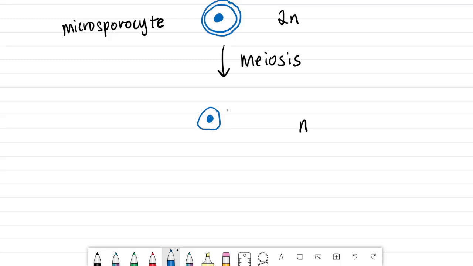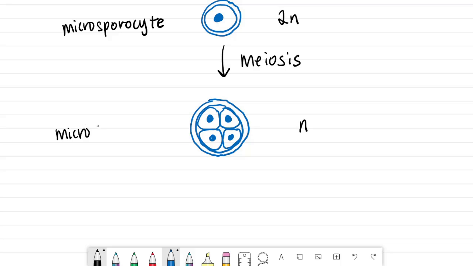Those 4 daughter cells are now called microspores. We draw them next to each other. They don't look that different from how they were before, but now they are haploid. And I like to put them in the sac together. So this is called a microspore.